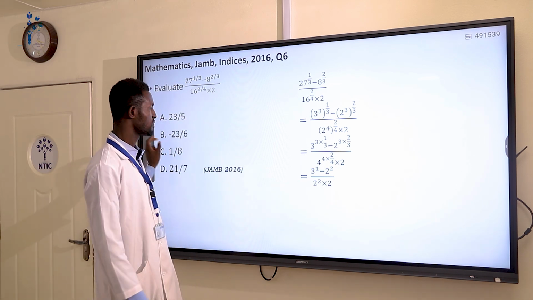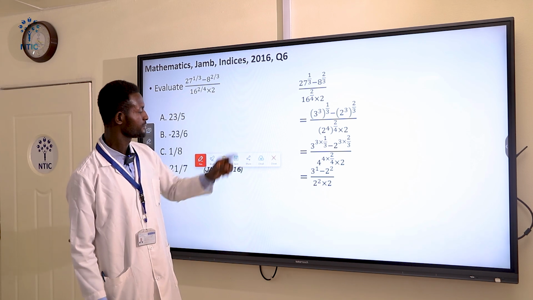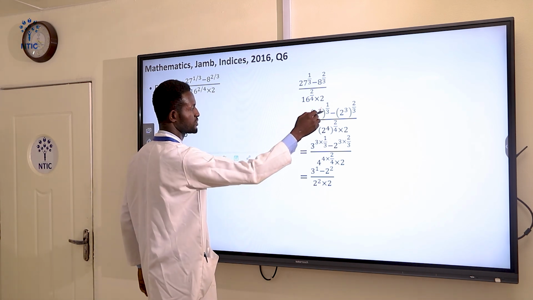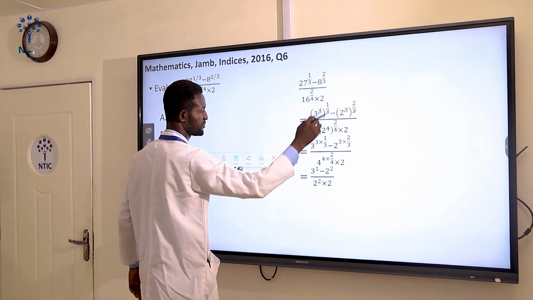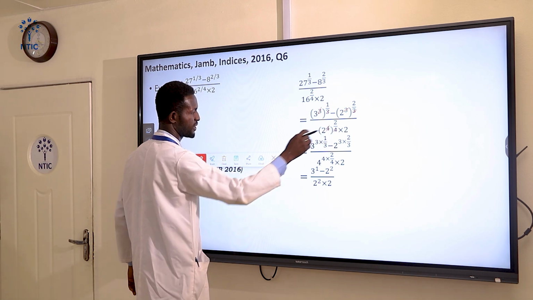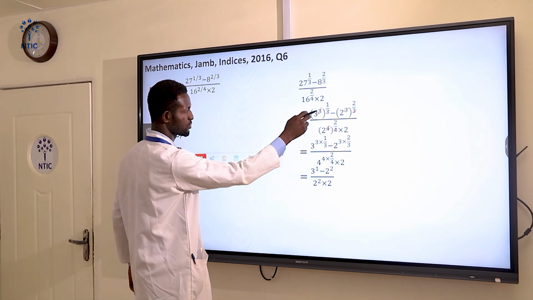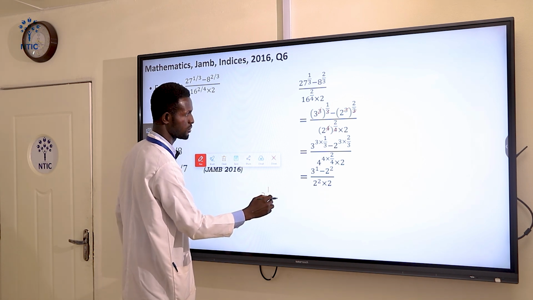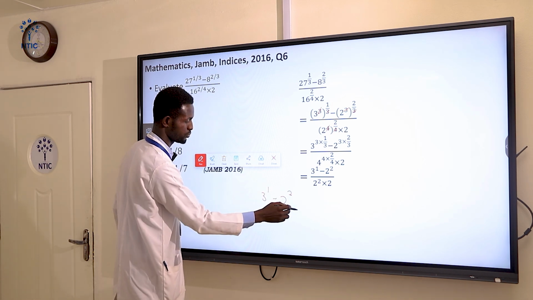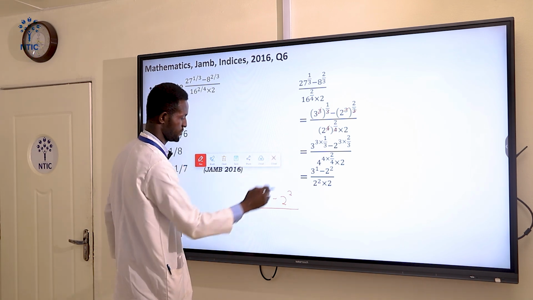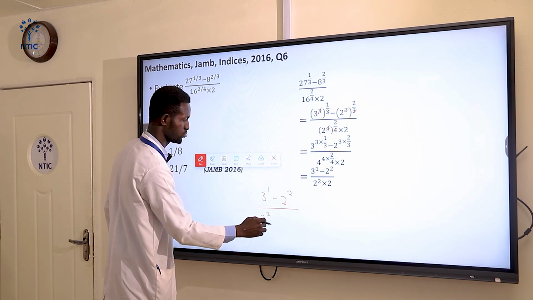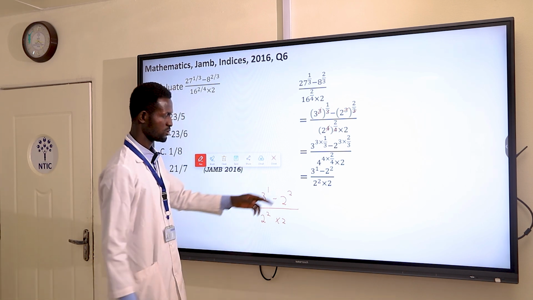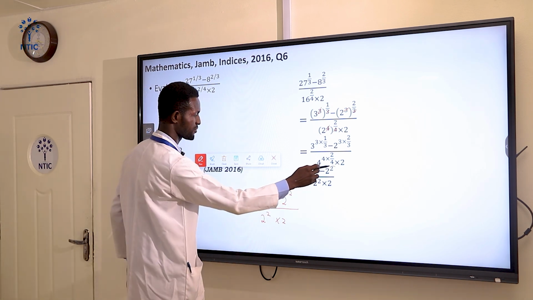Yes, because after cancelling, 3 divides 3, 4 divides 4, we'll be left with, at the numerator, 3 raised to the power 1 minus 2 raised to the power 2 divided by 2 raised to the power 2 times 2, which is what we have here.